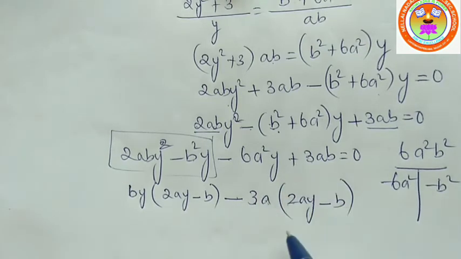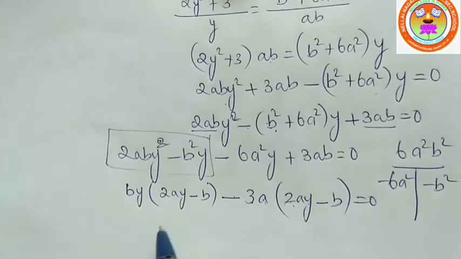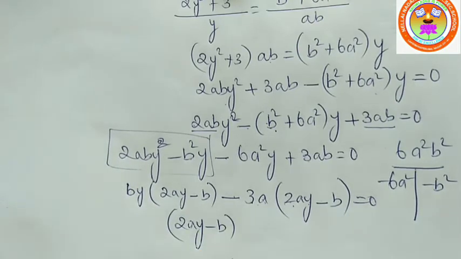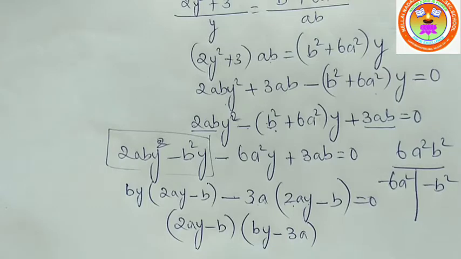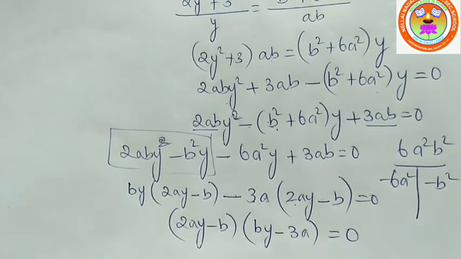Minus, or minus times minus, plus 3a into b, 3ab, which is equal to 0. So 2ay minus b is common. Taking the common term outside, what remains is by minus 3a, which is equal to 0.